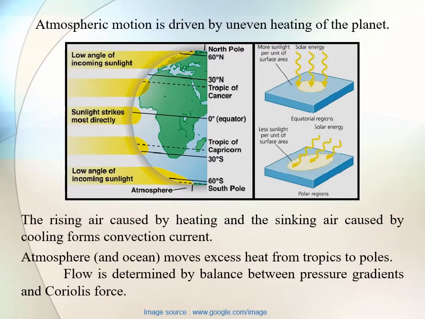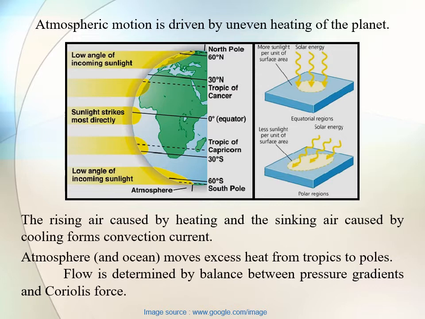Now, if we look at the insolation difference across Earth, we find that at different latitudes, sunlight or incoming solar radiation falls at different angles. It mostly falls directly or perpendicularly over the equatorial region.